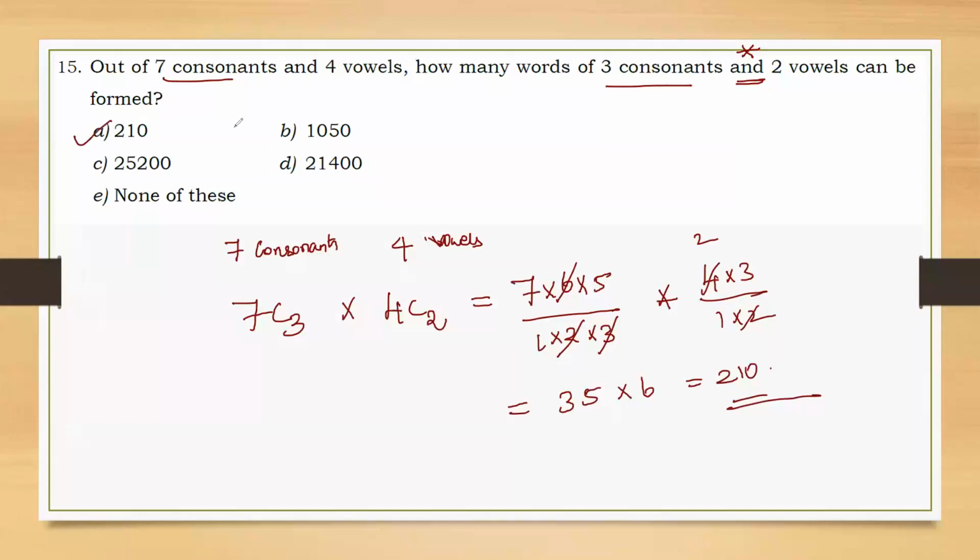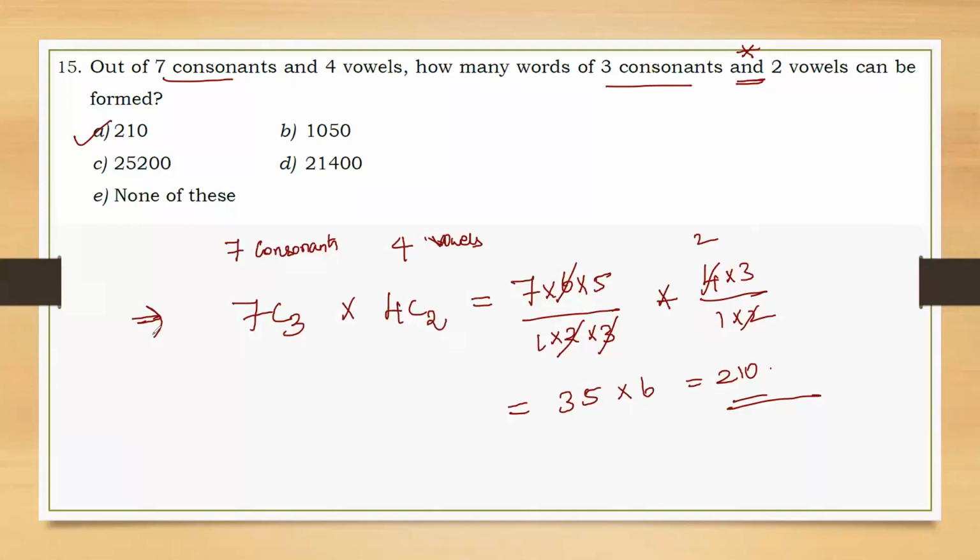The number of selections will be very less when compared to permutation. So clear? We need to select 3 consonants out of 7 as well as 2 vowels out of 4. We are just selecting. If the question asks how many words can be formed using 7 consonants and 4 vowels, with or without meaning, then it is arrangement, a permutation.